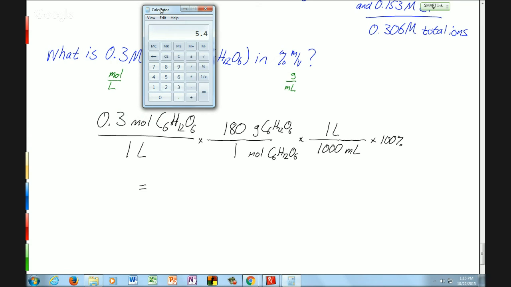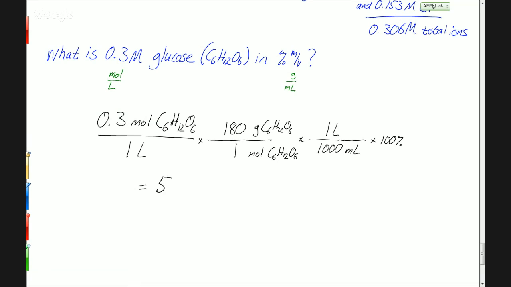Should be about 5.4%. So it's over 1 liter because molarity is always mole over 1? That's right. Yeah, mole over 1 liter.